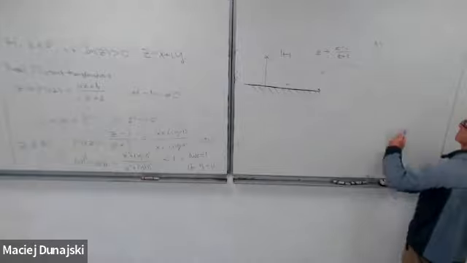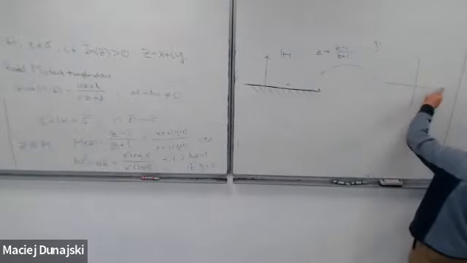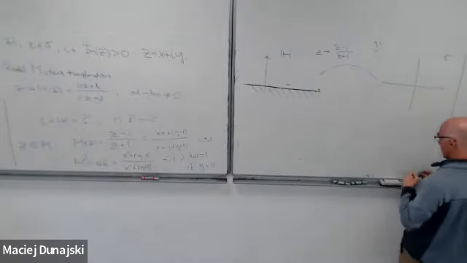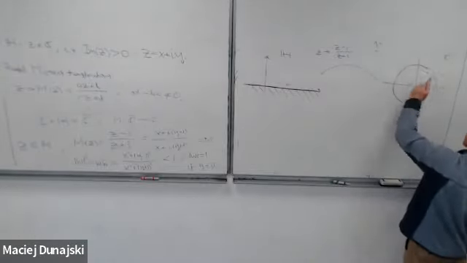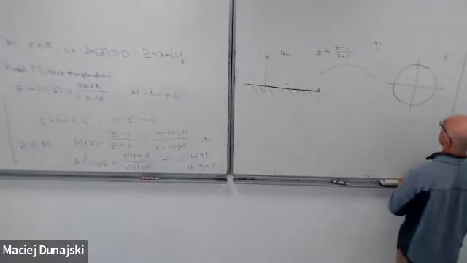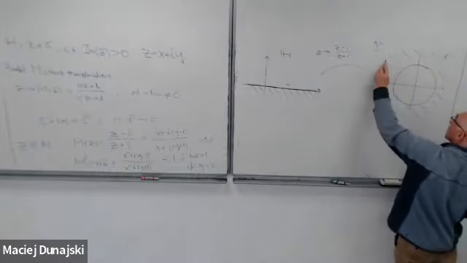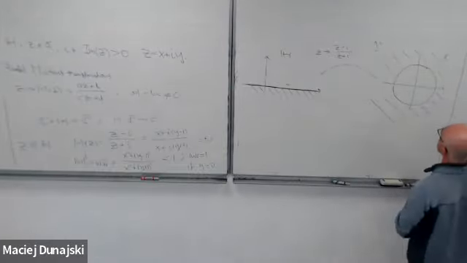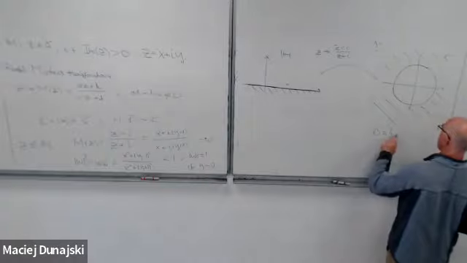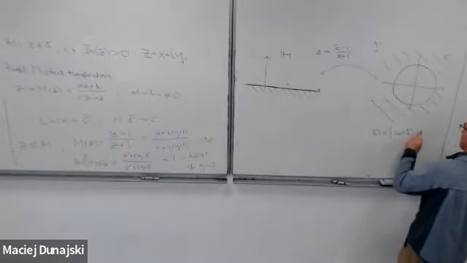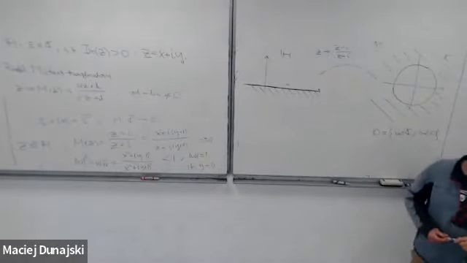And that maps this upper half plane to the interior of a unit disk. The disk consists of complex numbers w such that mod w is smaller than 1. And why that's relevant, I'll tell you after the break.